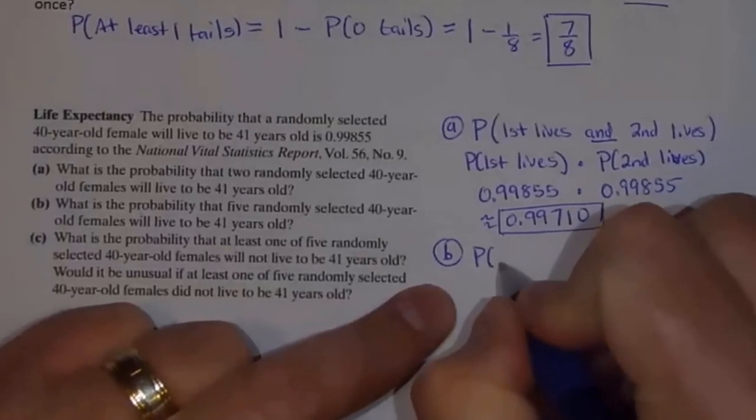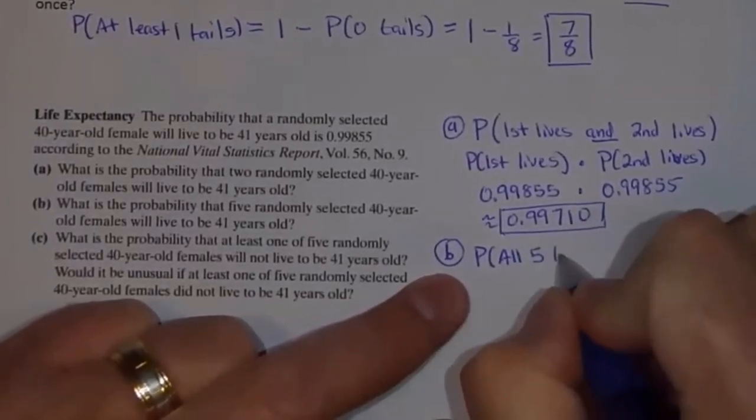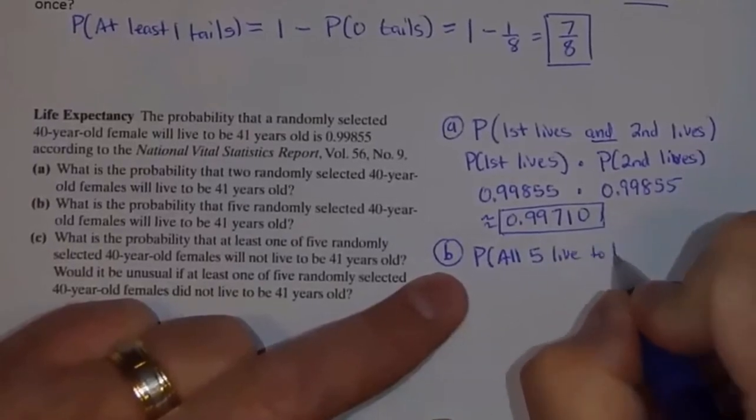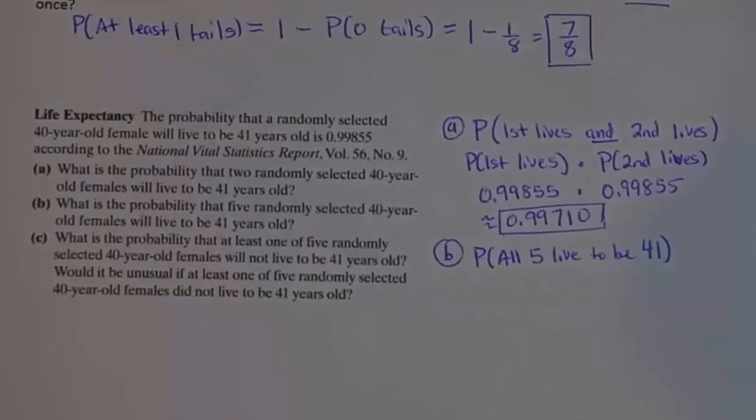I'm going to say, what's the probability all 5 live to be 41? So in other words, what's the probability the first woman lives to be 41, and the second lives to be 41, and the third, and the fourth, and the fifth lives to be 41?